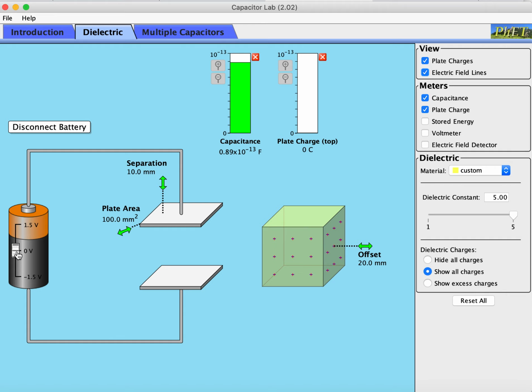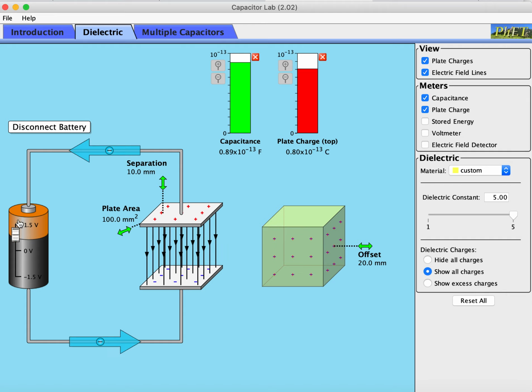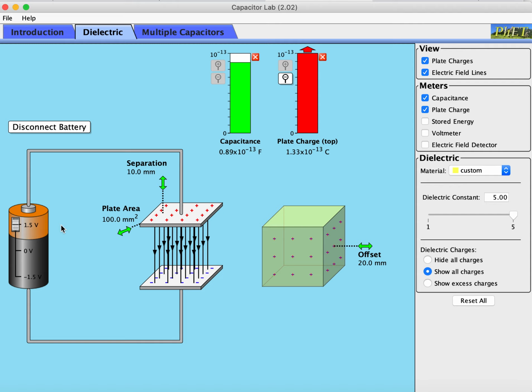So I have a battery connected to a parallel plate capacitor, and if I increase the voltage, you see that I have an excess of negative charge on the bottom plate, excess of positive charge on the top plate, and therefore I have a capacitance. My meters are telling me I have 0.13 times 10 to the negative 12 coulombs of charge here.